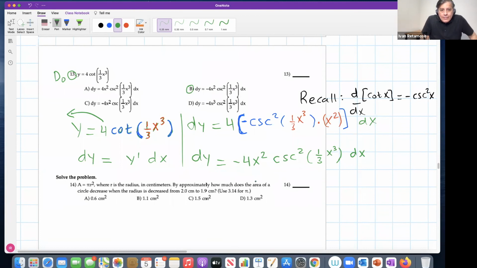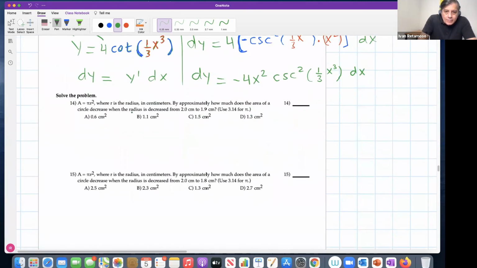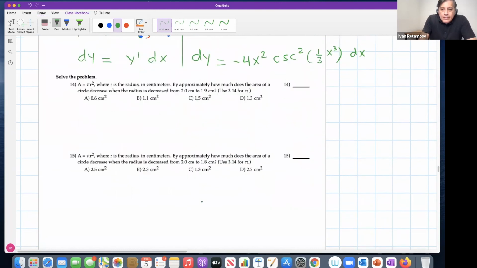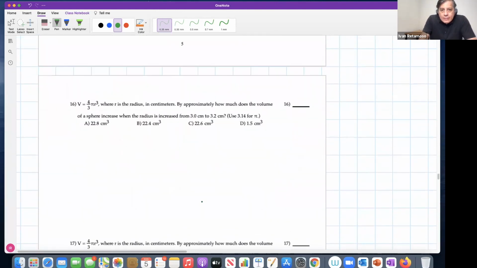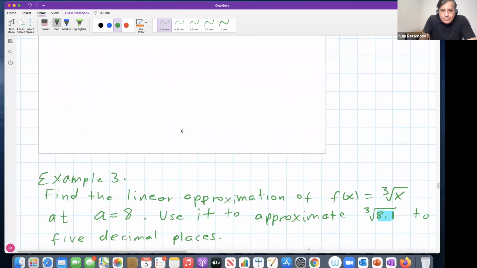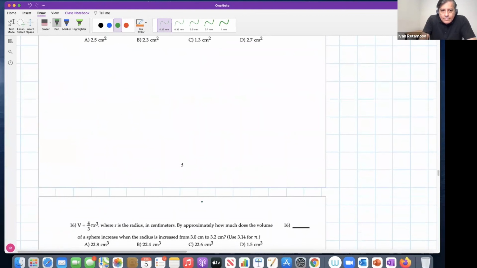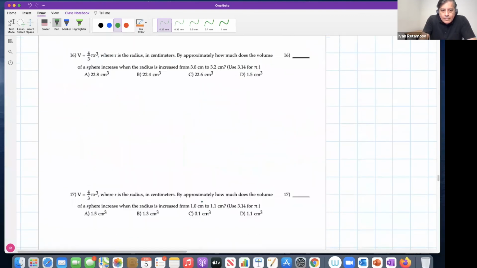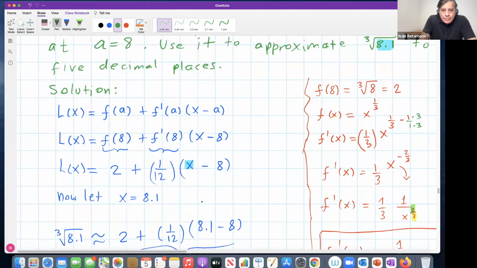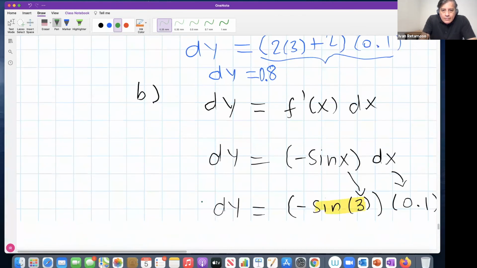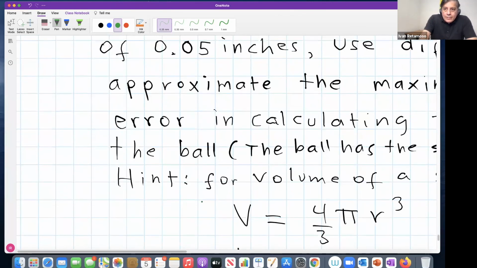All right, now let's talk about these problems, the ones that deal with error estimation related to relative errors. It's not difficult, you will see.